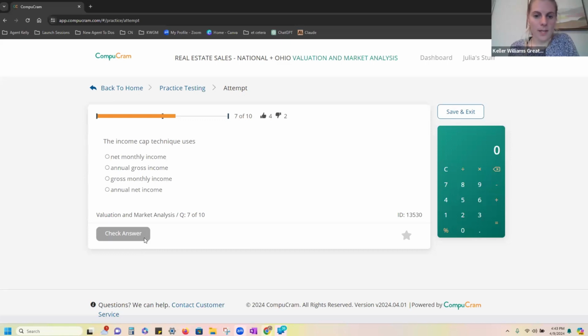The mortgage was a good guess. All right. The income cap technique uses A, net monthly income, B, annual gross income, C, gross monthly income, or D, annual net income. So the income cap technique uses what?